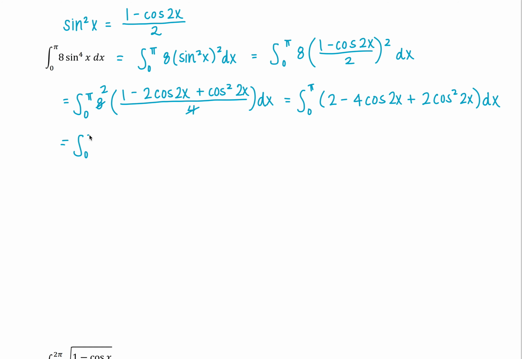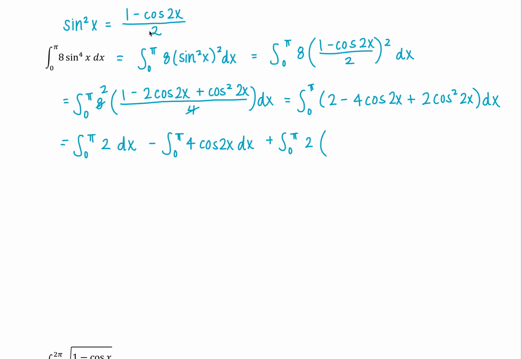So I've got 0 to pi 2 dx minus 0 to pi 4 cosine 2x dx. And then that last one, instead of writing the cosine squared 2x, I am going to use the similar identity to what I have here.